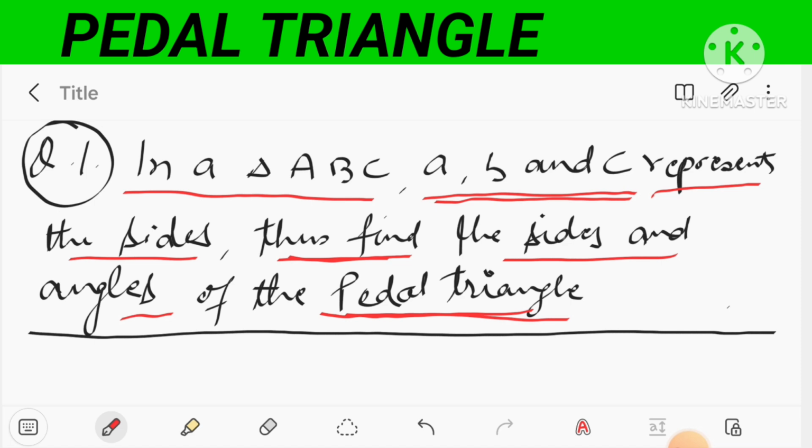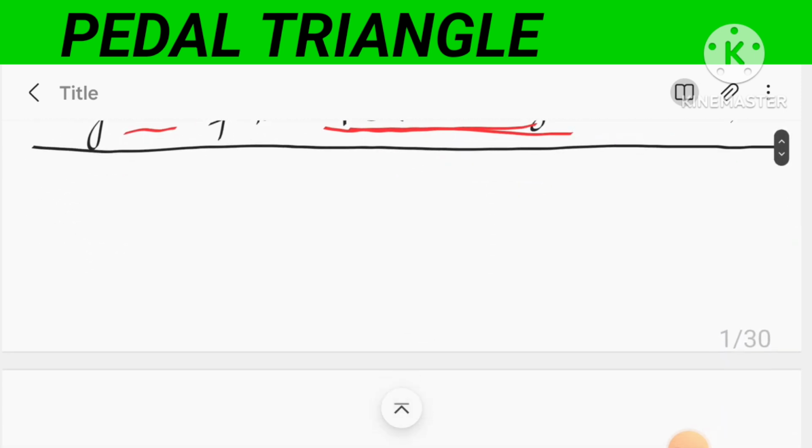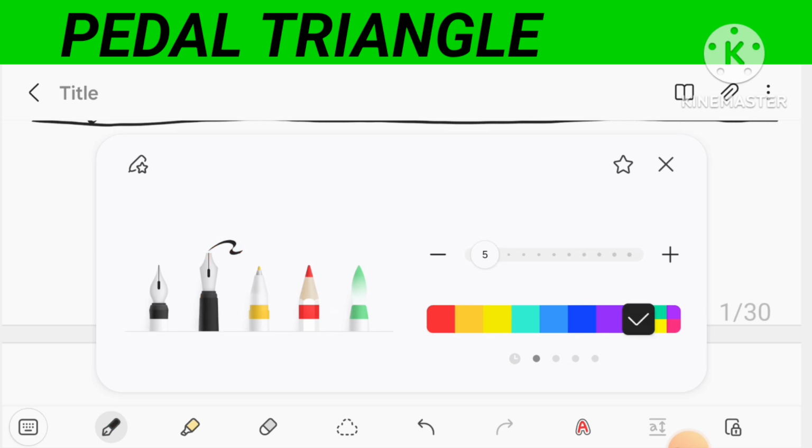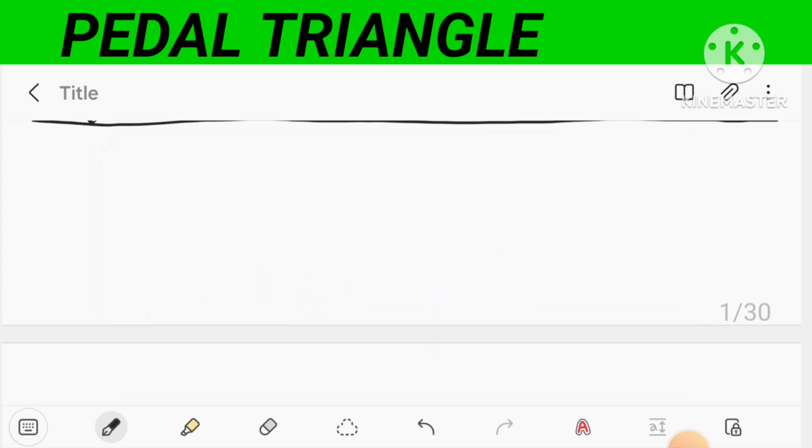First of all, we draw the triangle ABC. So this is triangle ABC.